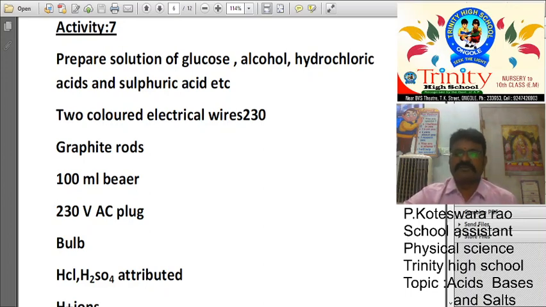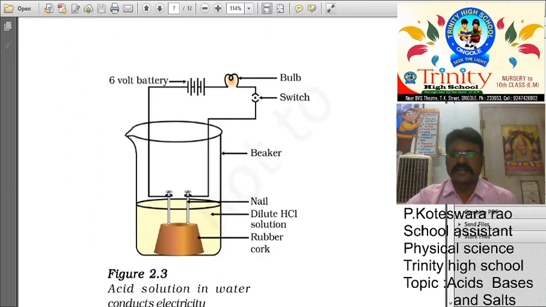That's why we already demonstrated Activity 7. We took four types of solutions: glucose, alcohol, hydrochloric acid, and sulfuric acid. We arranged all these in our beaker with the apparatus arranged like this, and we noted in which condition the bulb is glowing. In HCl and H2SO4, the bulb is glowing.